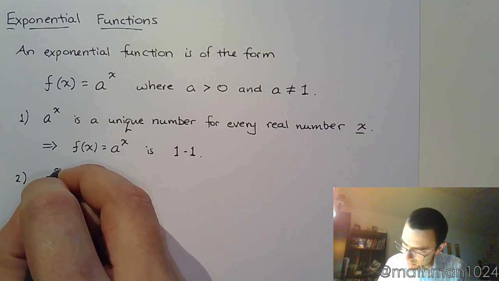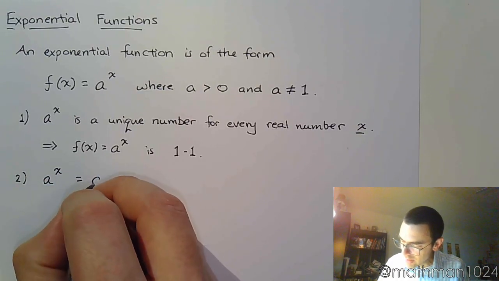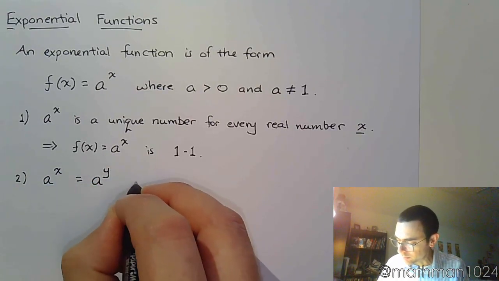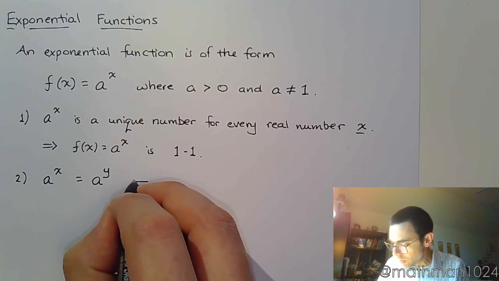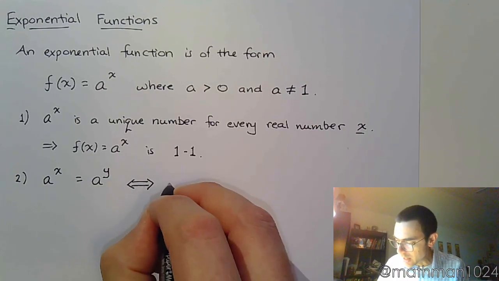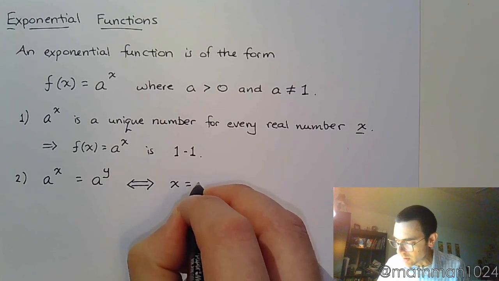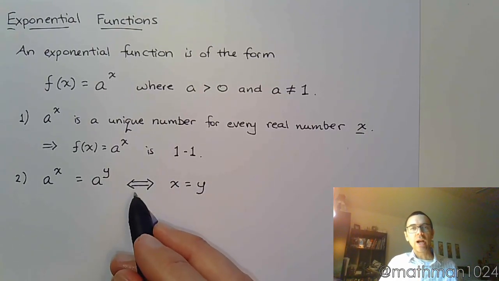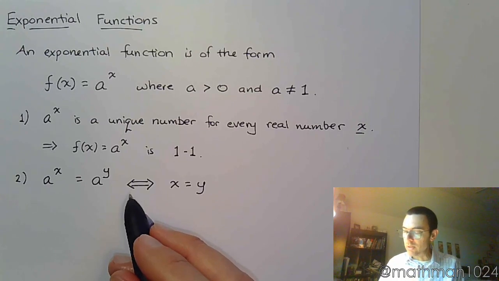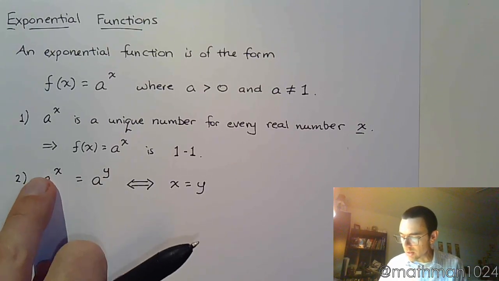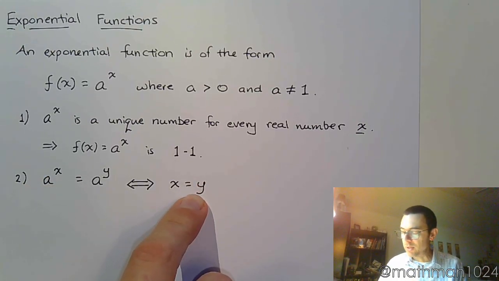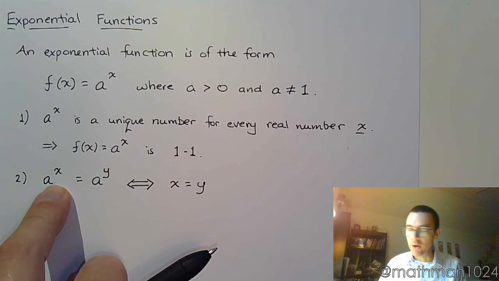Here's the other thing we get from this, based off of this being a one-to-one function, is that if you have a to the x is equal to a to the y, well, this is only going to happen if those powers are the same. Now, the double arrow here means if and only if. So it means if you have this, then you can go here. It also means if you have this, you can come back over here.